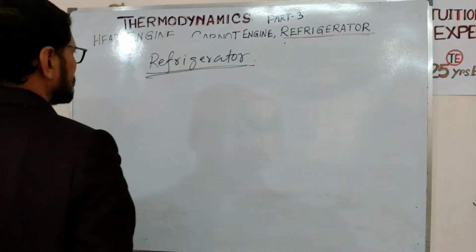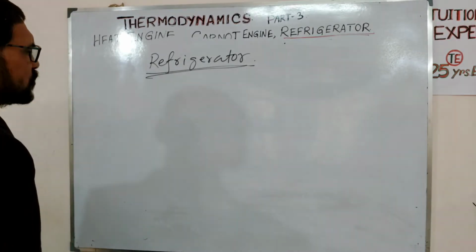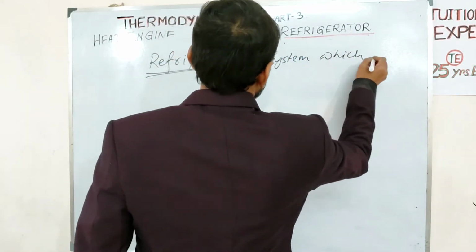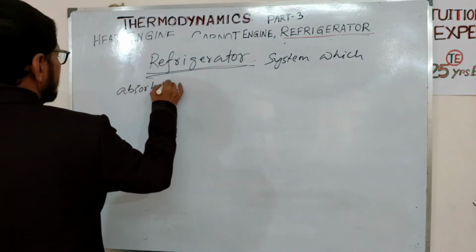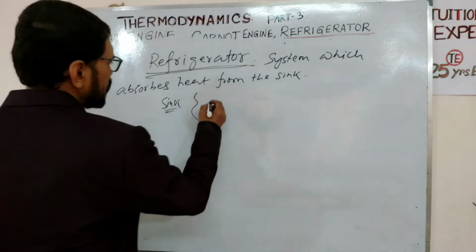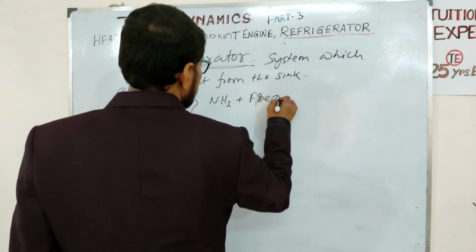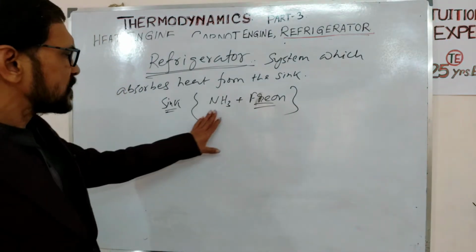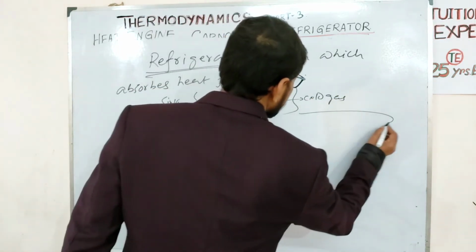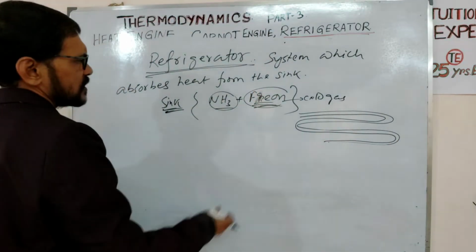Now, the refrigerator. A refrigerator is a system which absorbs heat from the sink, which contains some ammonia plus freon type of substance whose temperature is very low, around minus 20 degrees centigrade, contained in a chamber, in a tube, in a fridge or refrigerator.